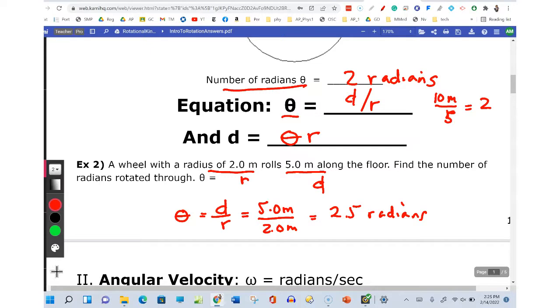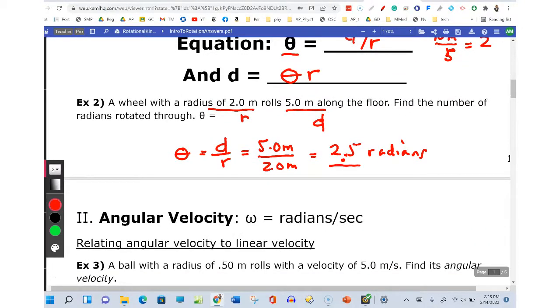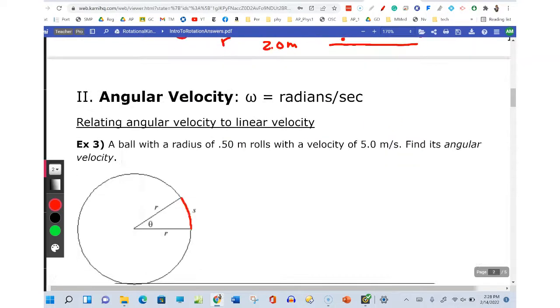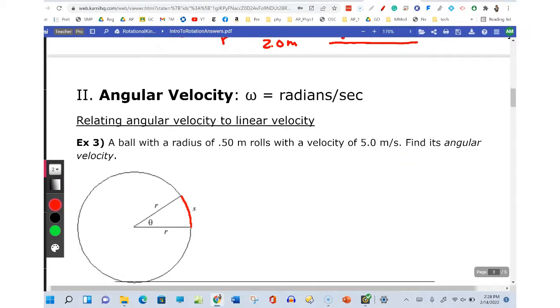It's like how many radii did you travel? 2.5. So I've traveled 2.5 radians, or a distance that's equal to 2.5 times my radius. So that's radians. That's a way to measure rotation.